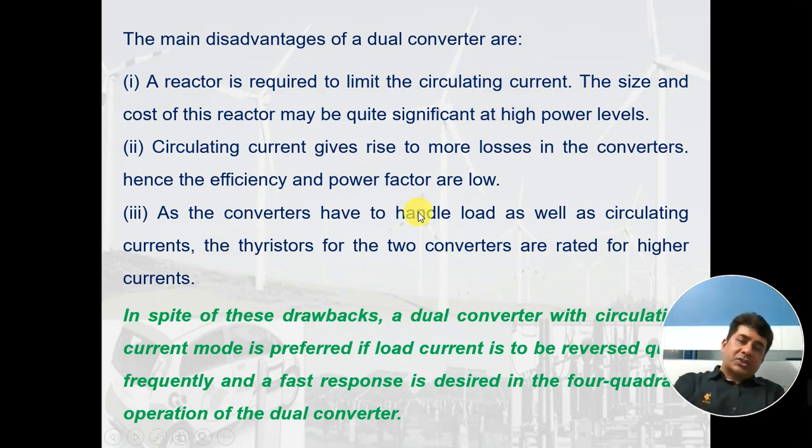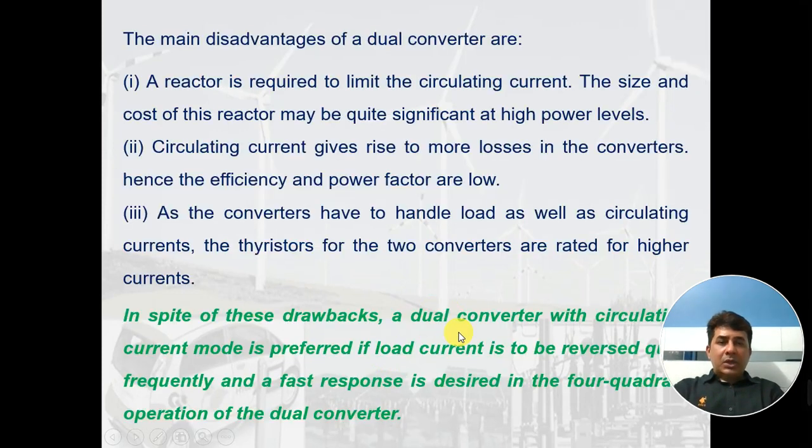This puts a condition to use thyristors of higher ratings, because they have to carry more current than the desired load current. So these three are the drawbacks, but yes, it has an advantage, that is the load current can be quickly reversed in this circulating current mode.